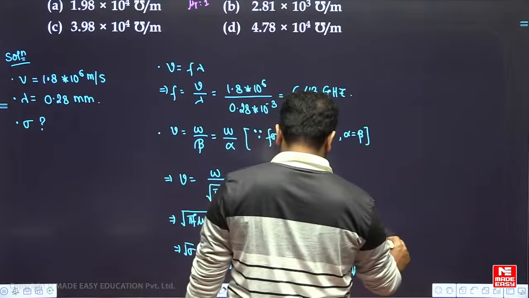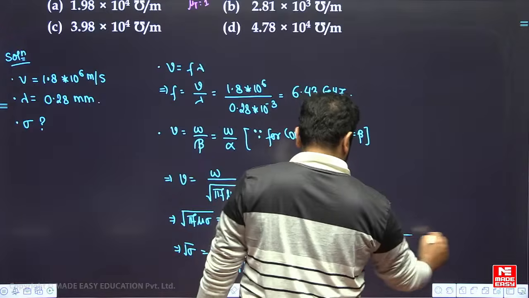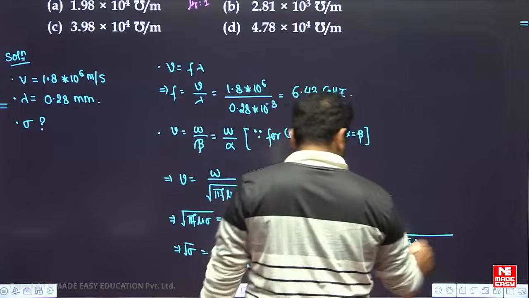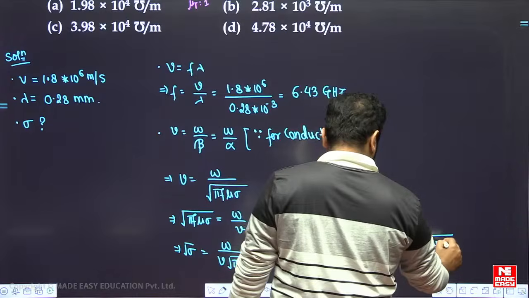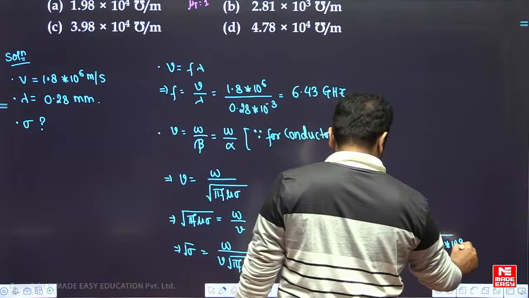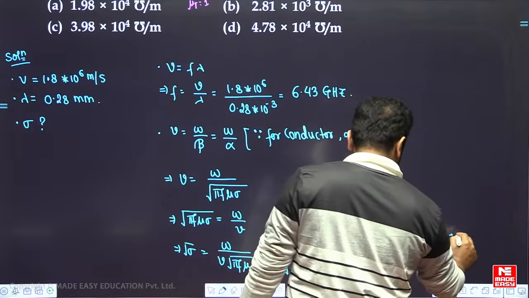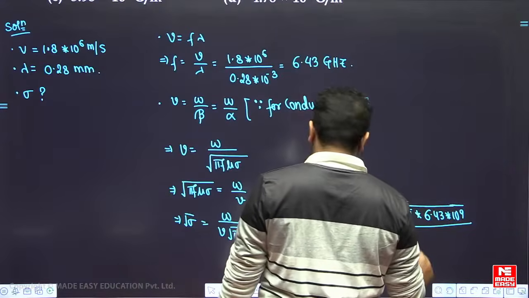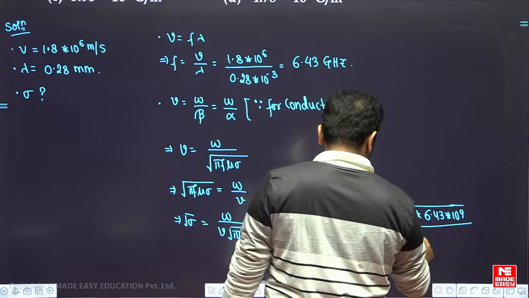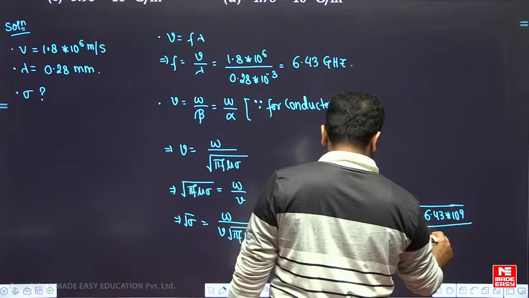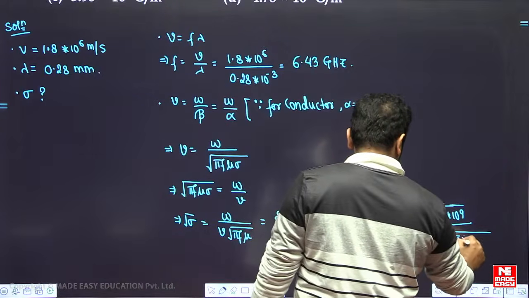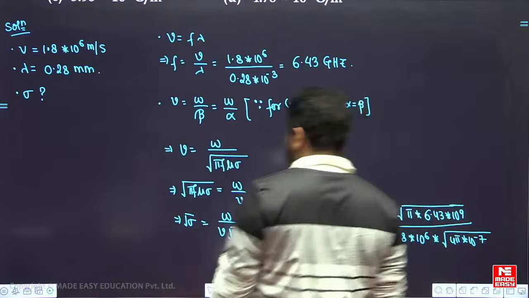So let us put the values: 2 into root pi, frequency of operation we have got 6.43 into 10 to the power 9, divided by velocity 1.8 into 10 to the power 6 into root under 4 pi into 10 to the power minus 7.